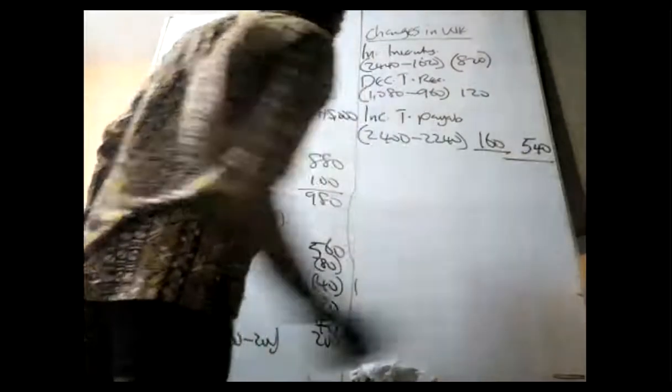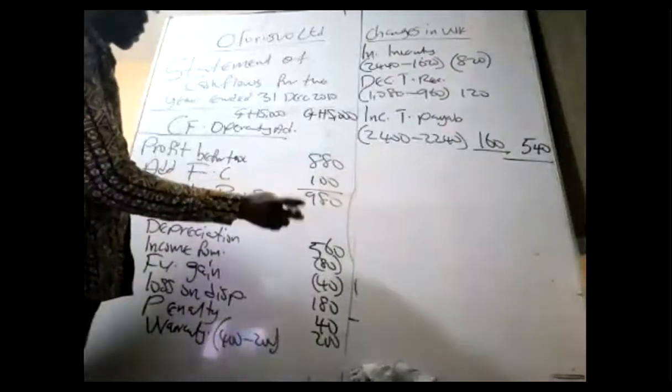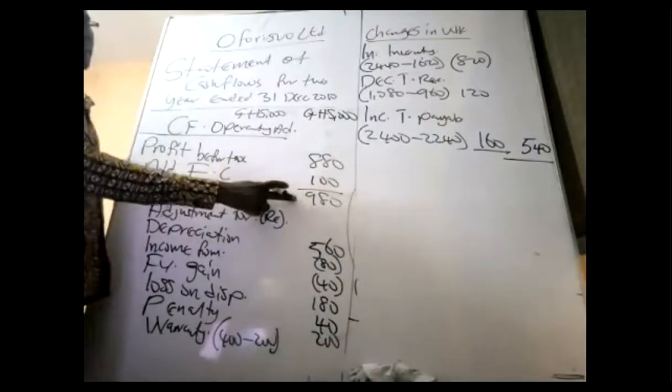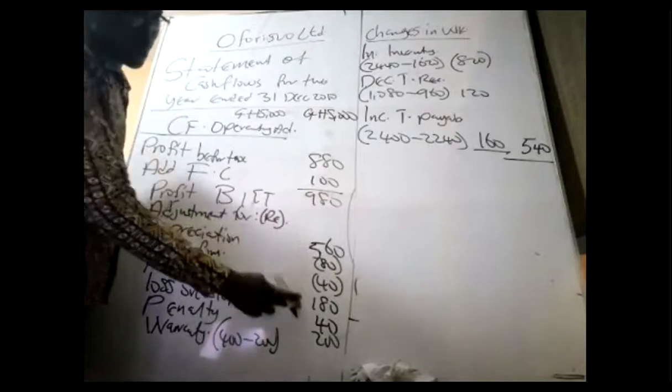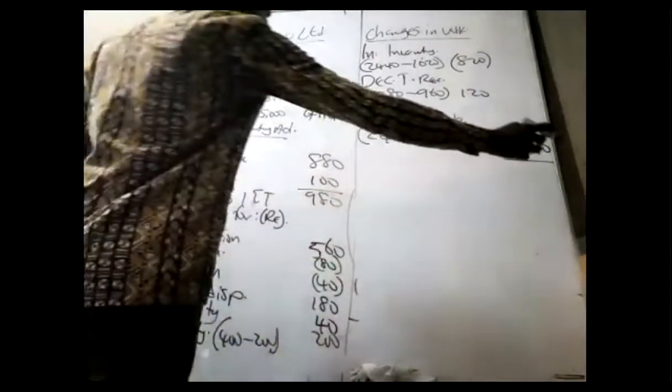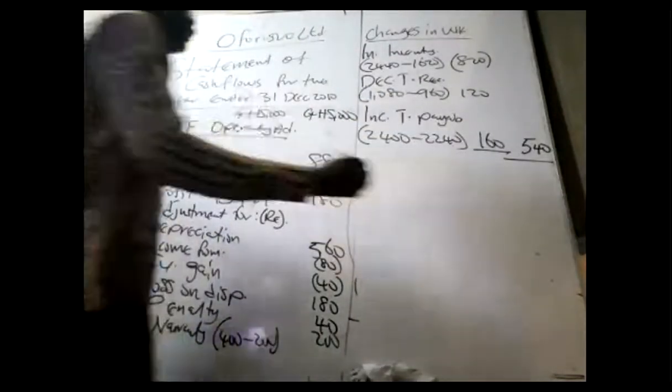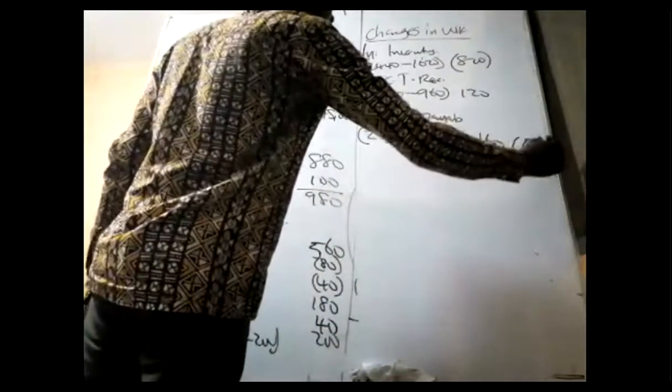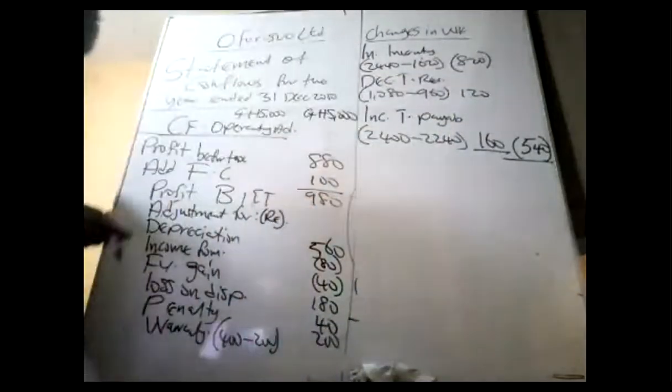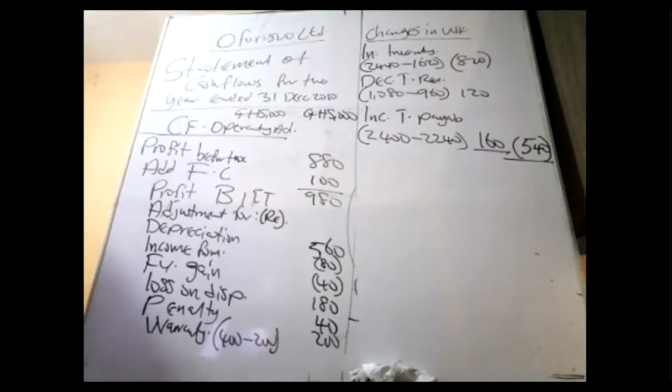Add from immediately the profit before interest and tax like this. Add from here. And then add 540 to it. This 540 should be negative because this figure is more than these, so it should be negative. So can we add and then let me have the answer.